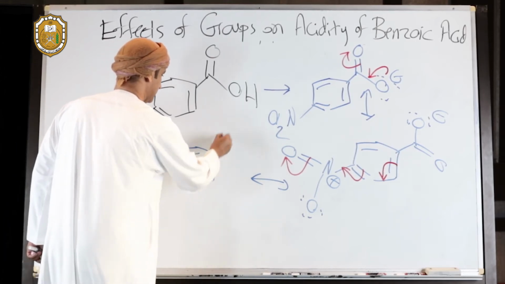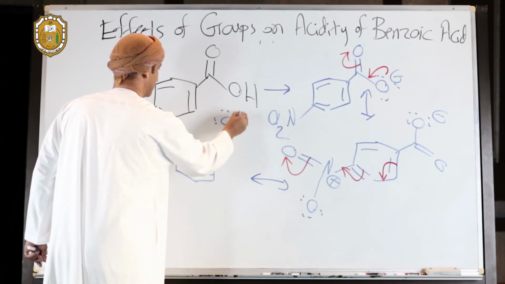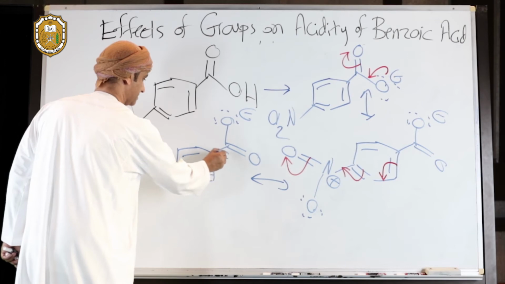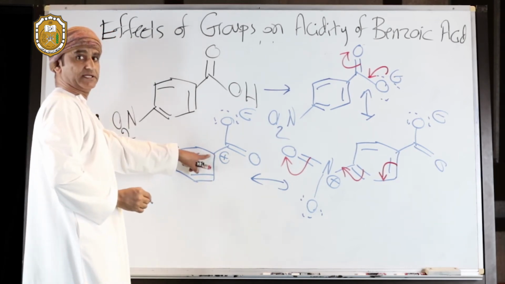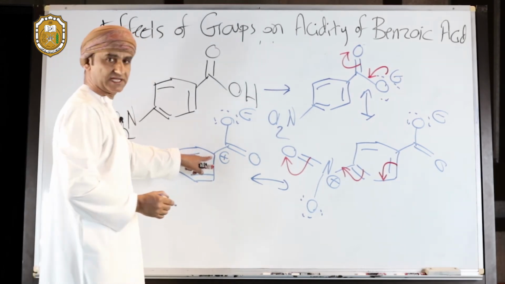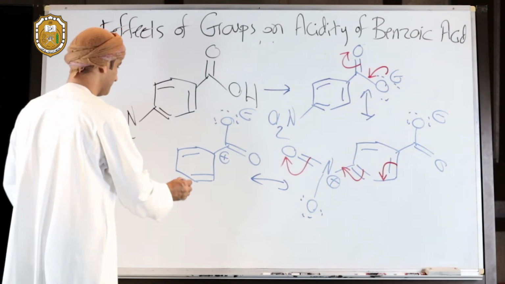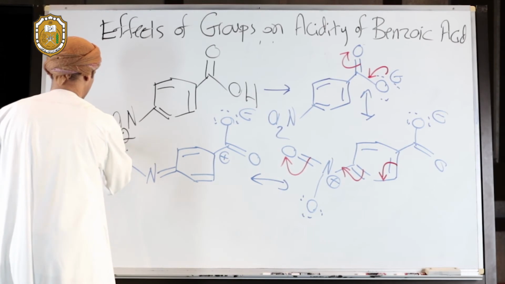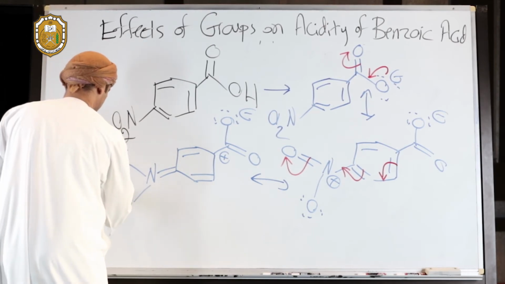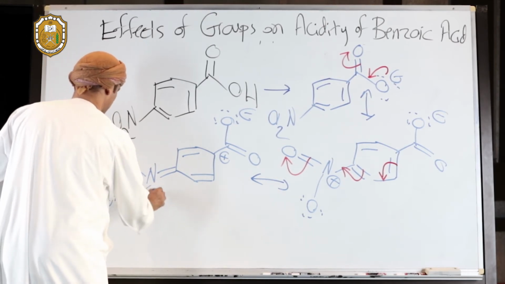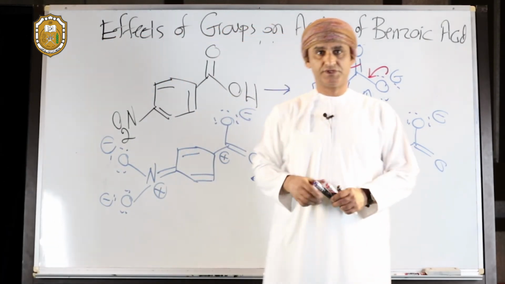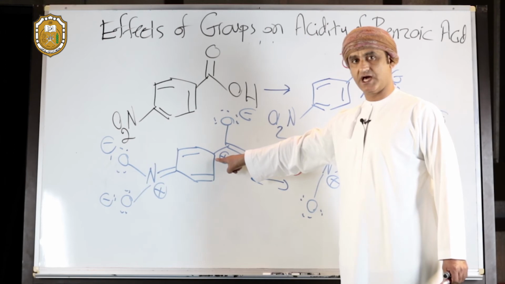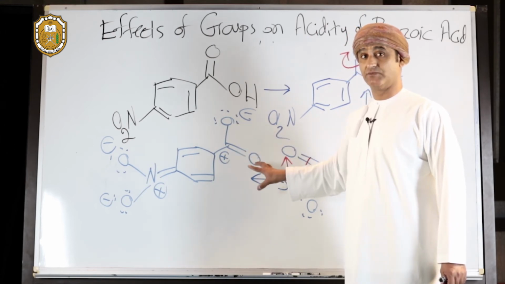So if we do that, then we get something like this. Now, a positive charge, obviously, on that carbon that's next to the carboxylate. That's because that carbon has lost its electron share. This withdrawal of electrons results in a positive charge on this carbon, which is adjacent to the carboxylate.